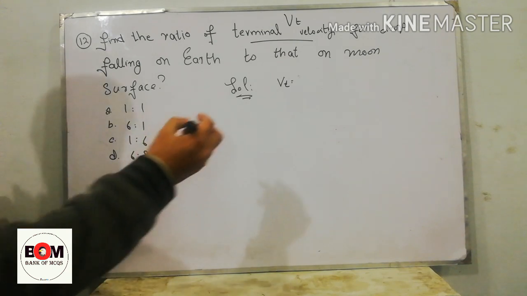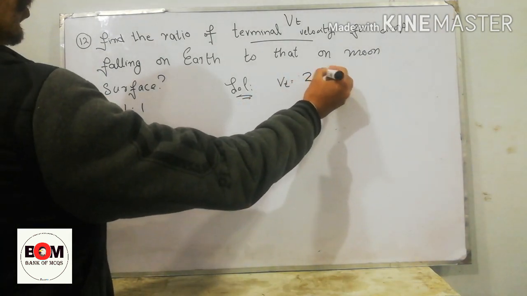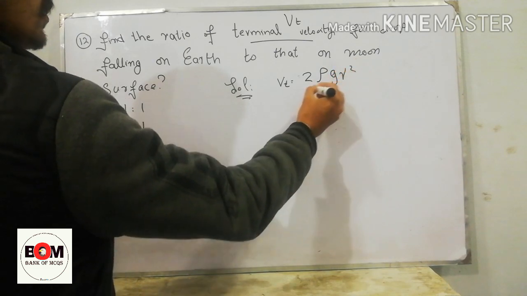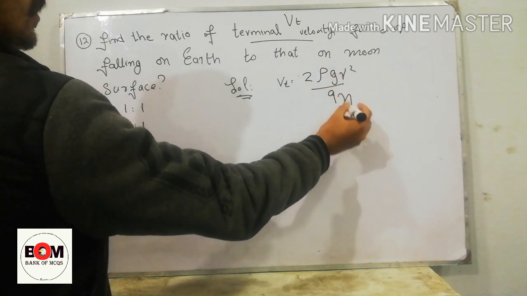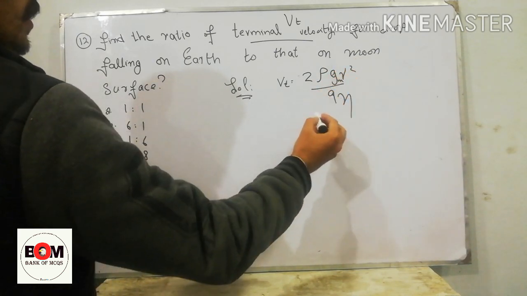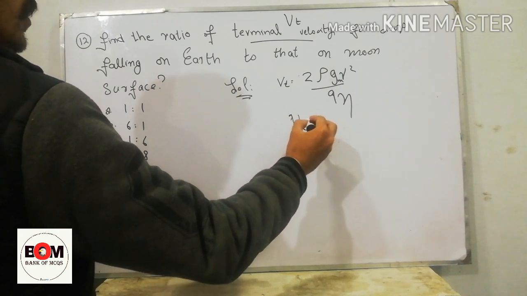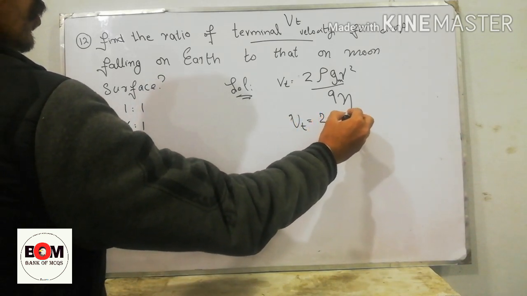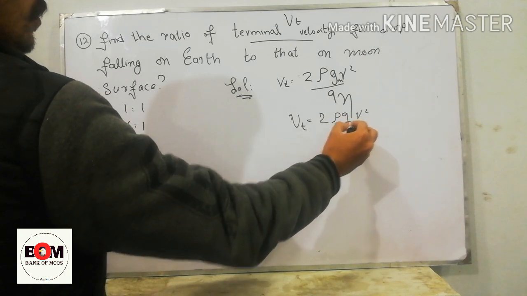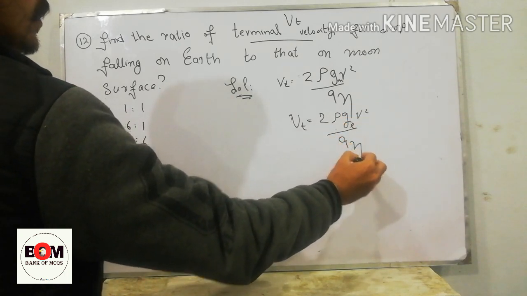So we know that Vt is equal to 2ρgr² divided by 9η. For the moon, g will be gm, and for Earth the terminal velocity will be 2ρgr² divided by 9η.